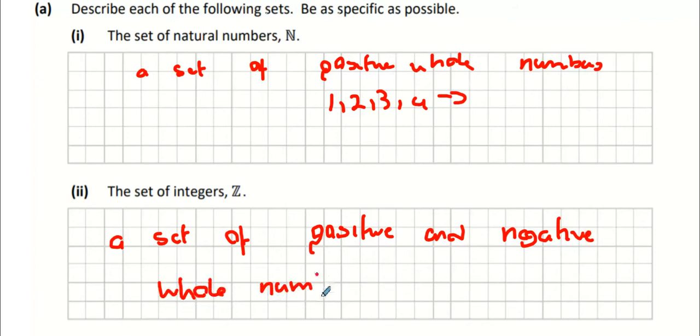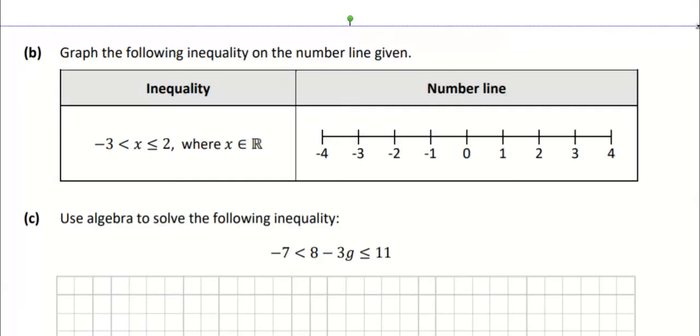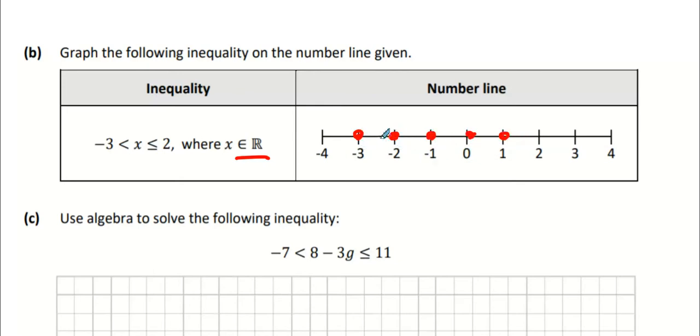Okay, so that's all done. Graph the inequality on the following number line. Well, it's element of R, so this means it's not going to be dots, because dots only include the whole numbers, not the fractions and decimals. So it's got to be a line.